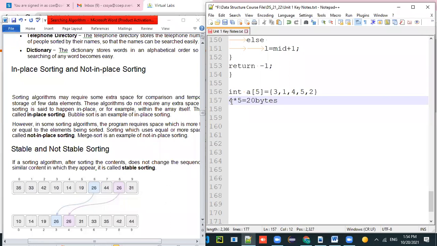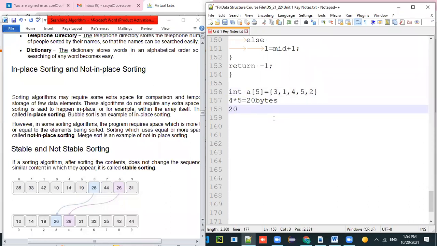So 20 bytes, right? When you execute the algorithm, only 20 bytes of memory is allocated to this, and you want to apply a sorting algorithm on it.